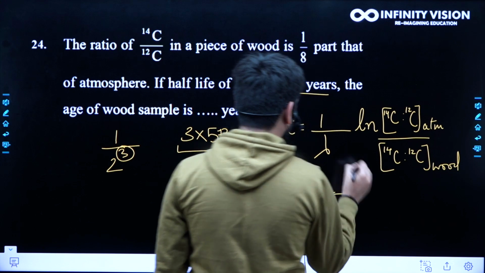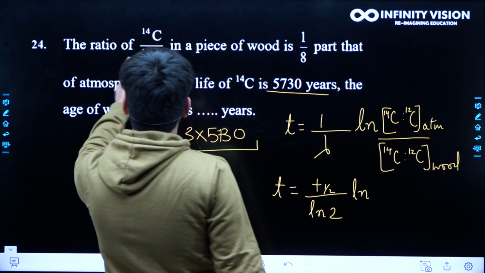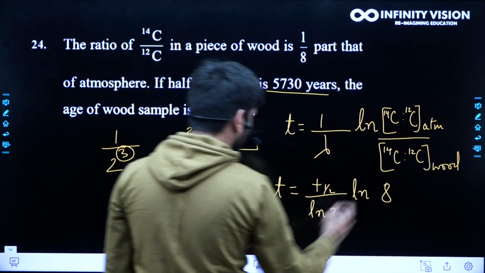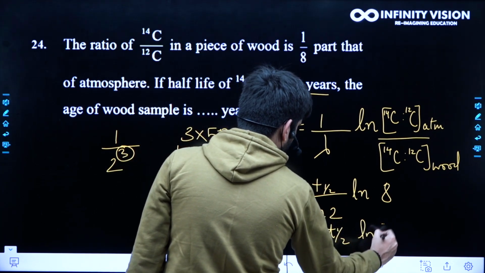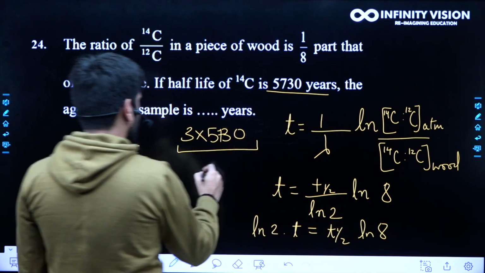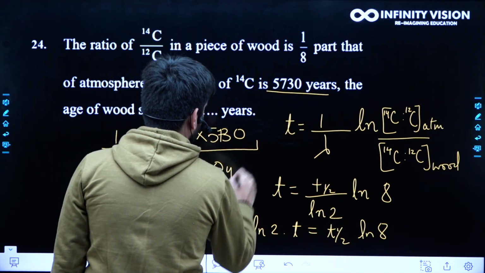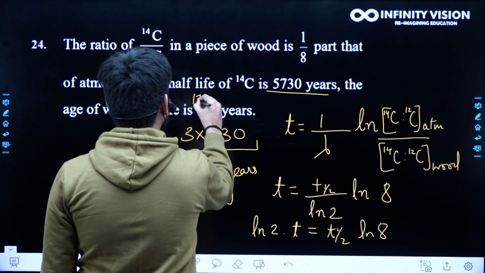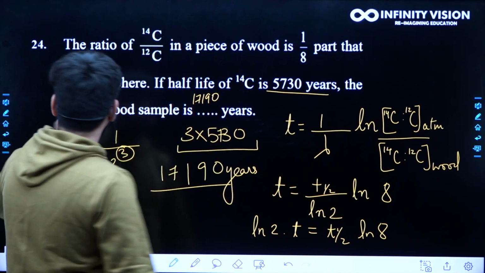So I'm writing T half over here. And this is ln of, since the ratio of 14C upon 12C in the wood is 1/8, ln of 8. So ln of 2 into T is equal to T half into ln of 8. And from this also we get 3 into 5730, which is 17190 years. So the answer is 17190 years. I hope this is clear. Let us move to the next question.